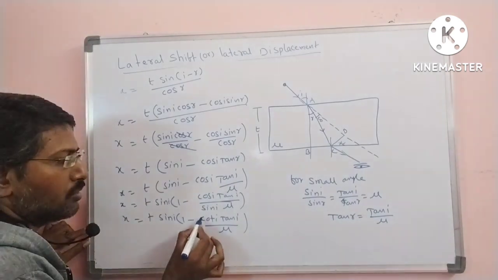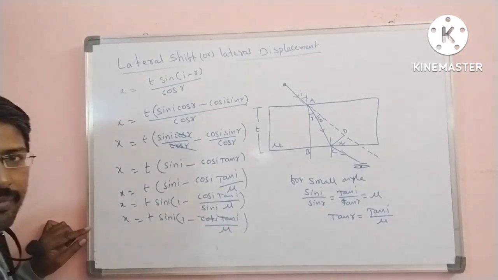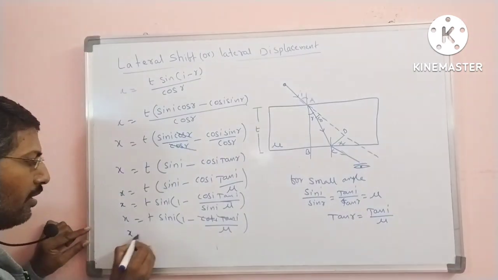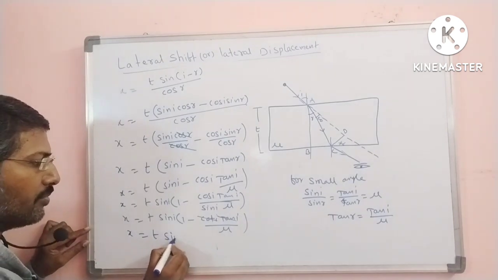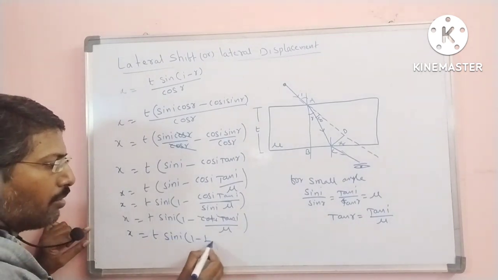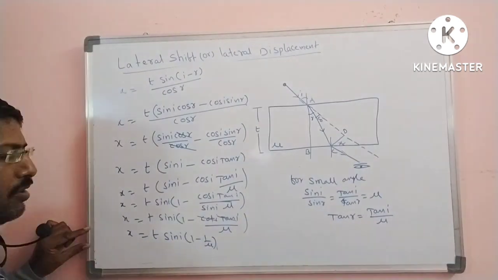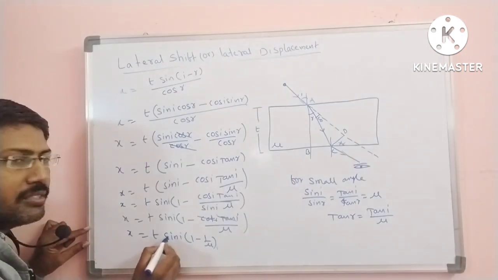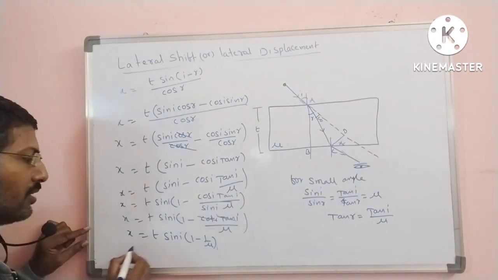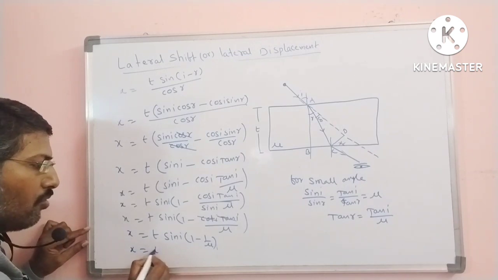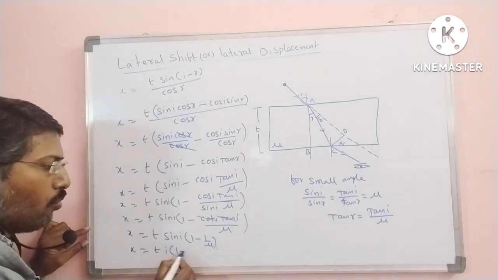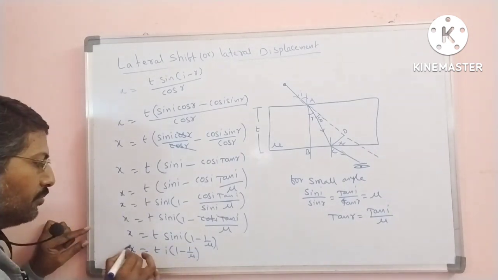Here cot I and tan I cancel each other. Finally you will get x is equal to T sin I times 1 minus 1 by mu. For a small angle, sin I can be written as I. You will get x is equal to T I times 1 minus 1 by mu.